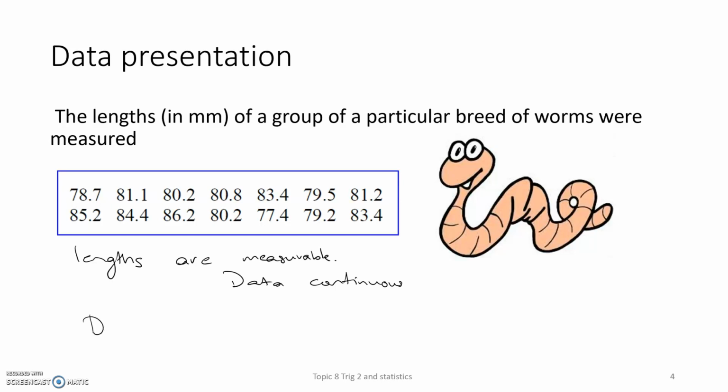If the data is countable, say the number of people in the room with blue eyes, then that is countable data, and then we would say the data was discrete.